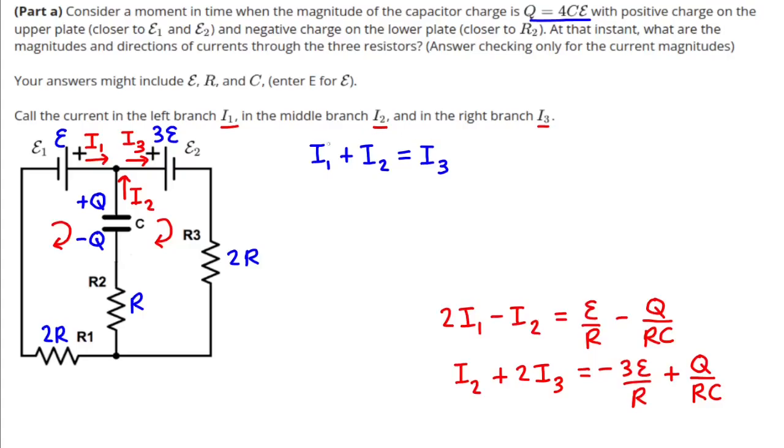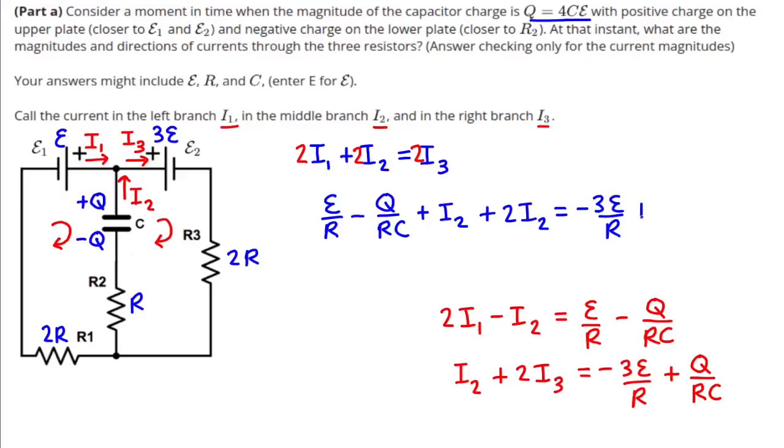So to simplify this, what we'll do is just multiply this equation by 2. So what we get is 2I1 is equal to epsilon over R minus Q over RC plus I2, and then we have 2I2 on the left hand side, and that's equal to 2I3, which is minus 3 epsilon over R plus Q over RC minus I2.